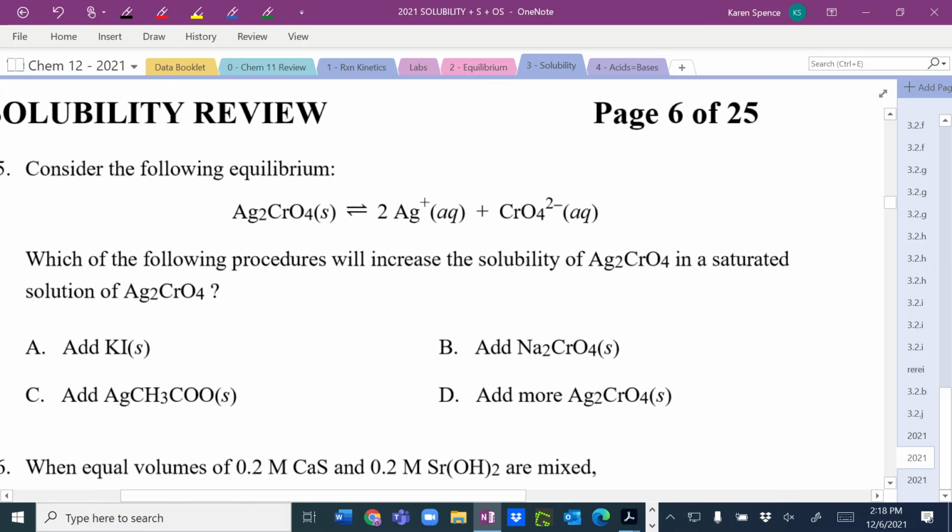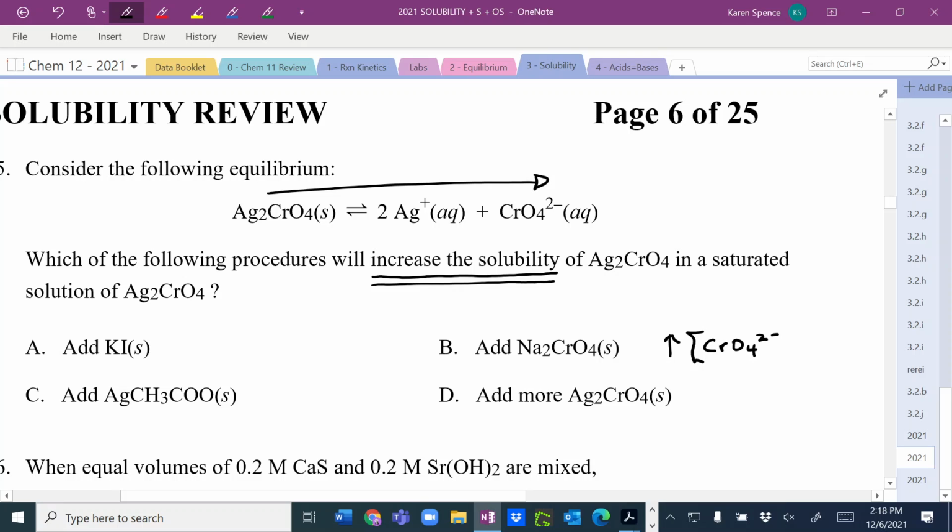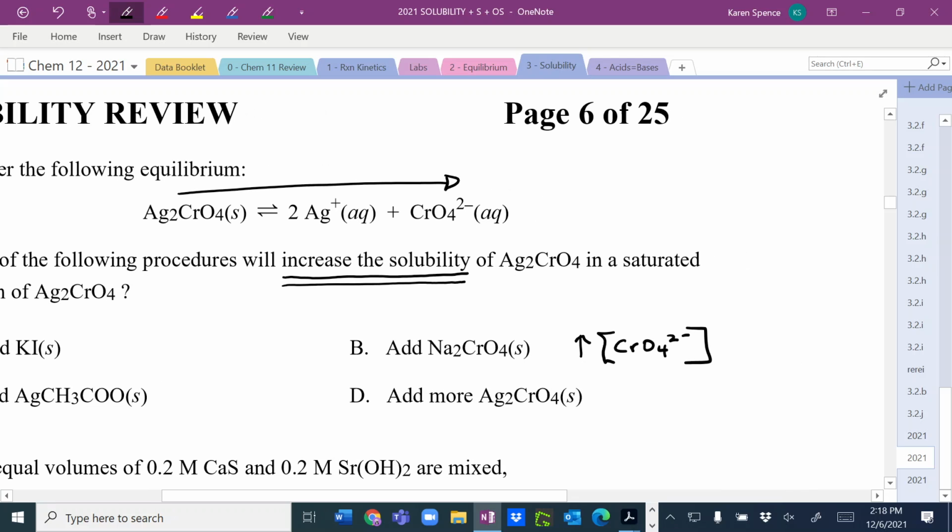Consider the following. Which of the following will increase the solubility of Ag2CrO4? So which way do we want the equilibrium to shift if we are increasing the solubility? Yeah, we want it to be shifting to the right. Some things that will not cause it to shift to the right is if we increase the concentration of CrO4 2-. Yes, that would cause it to shift to the left.